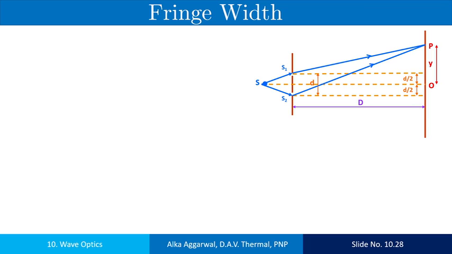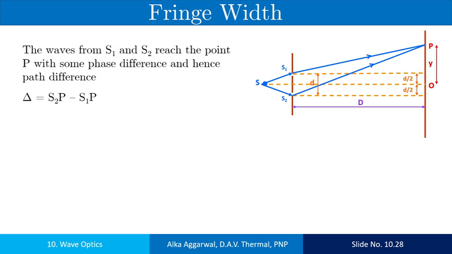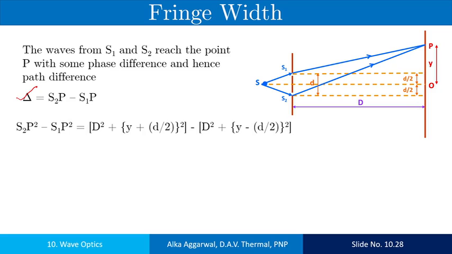That is S2P minus S1P. It is the symbol for path difference. So we square it as S2P square minus S1P square.